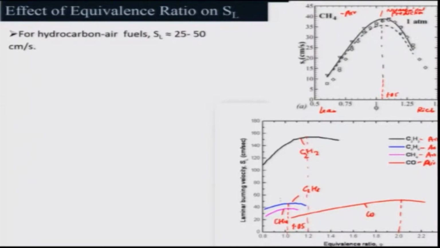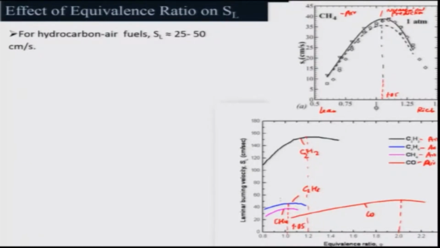And one can also conclude from this data of laminar burning velocities that for hydrocarbon air fuels, laminar burning velocity varies from 25 to 50 centimeter per second, except the acetylene air.